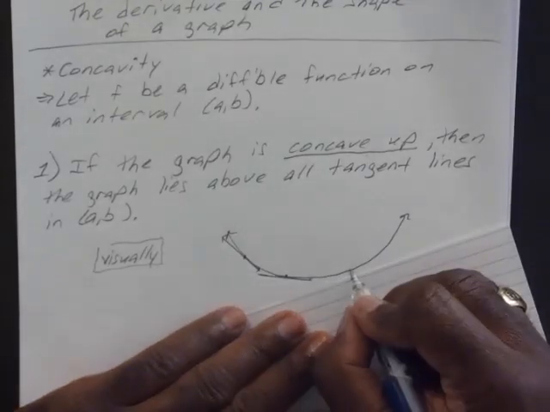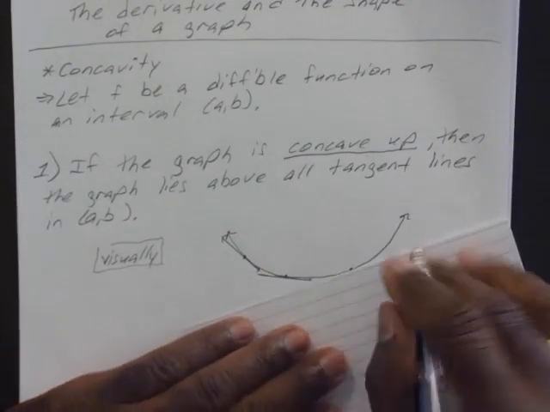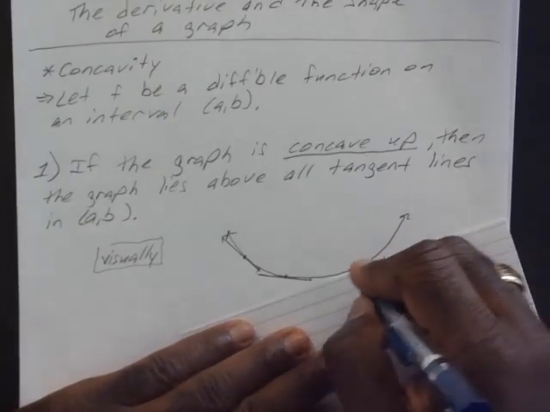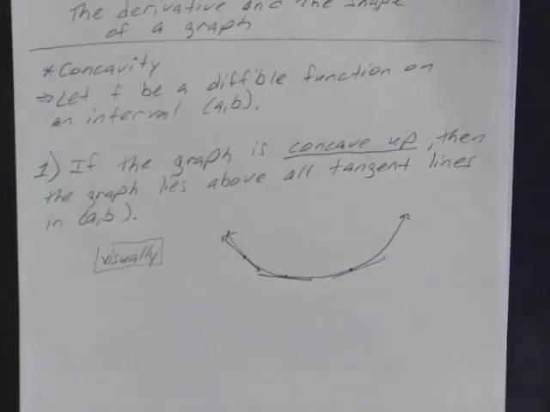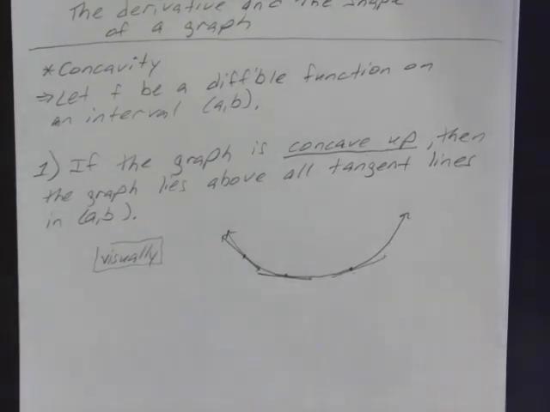And if we drew one here, same thing. So no matter where you draw your tangent lines, they'll always be below your graph, or your graph will always be above your tangent lines.